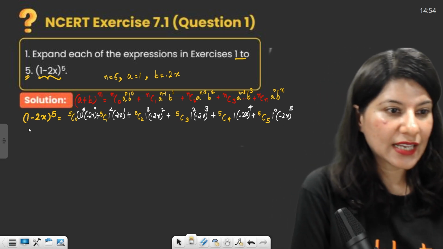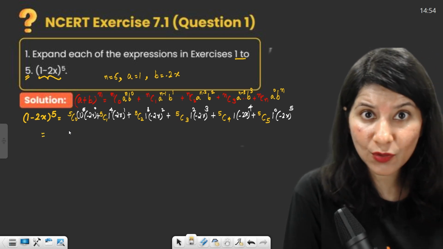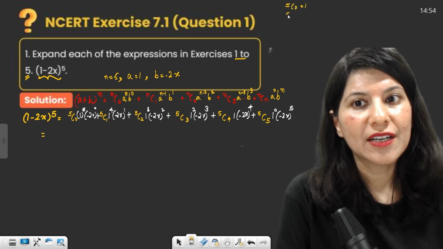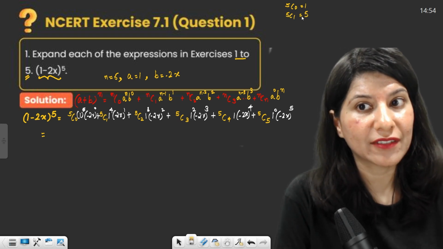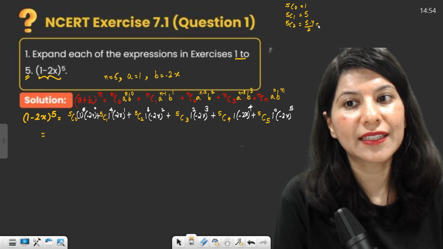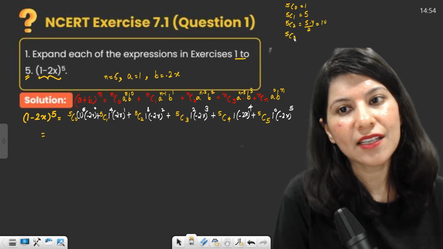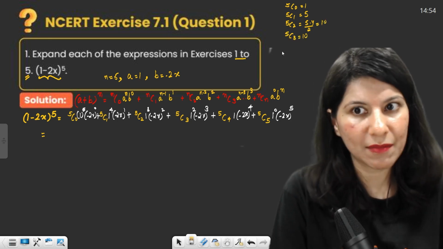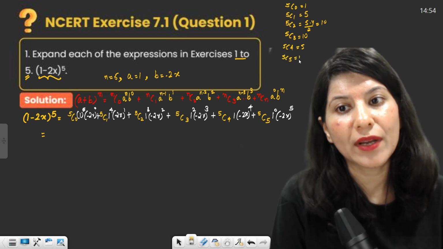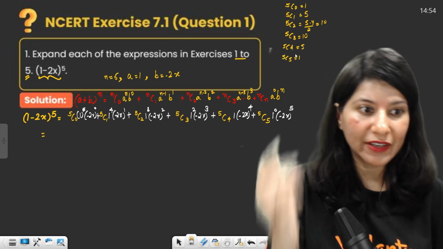Now just expand it. 5C0 is 1, 5C1 is 5, 5C2 is 5 into 4 by 2, that is 10. 5C3 is again 10, same as 5C2. 5C4 is 5, 5C5 is 1. So basically 1, 5, 10, 10, 5, 1.